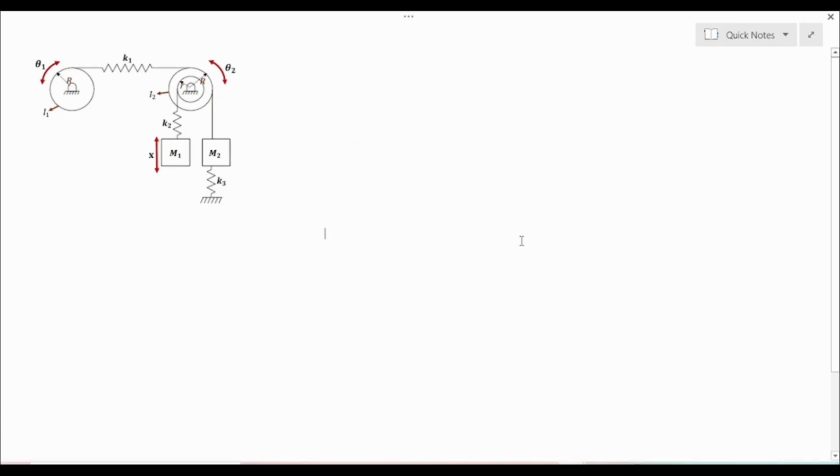So we are going to quickly from there determine the equation of motion for the third degree of freedom. For this case, i is equal to 3. So we have q3 is equal to x, q3 dot is equal to x dot.